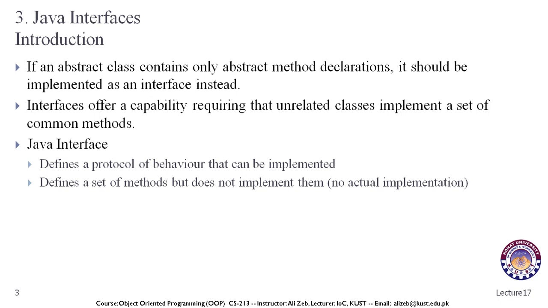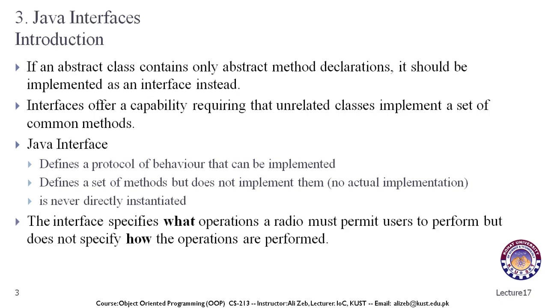It defines a set of methods but does not implement them. There is no actual implementation in interfaces. It is never directly instantiated. We do not create an object of an interface. The interface specifies what operations a radio must permit users to perform, but does not specify how the operations are performed. And it can be true for any electronic gadget.